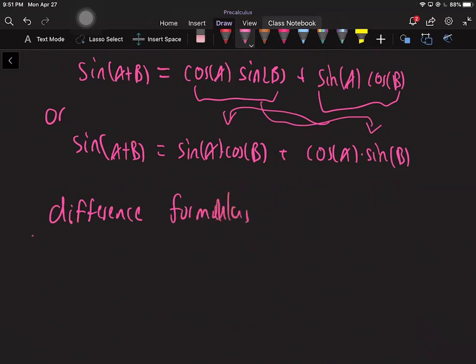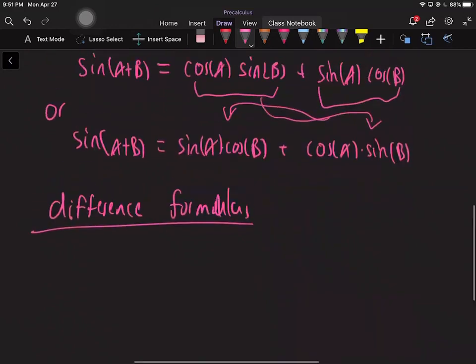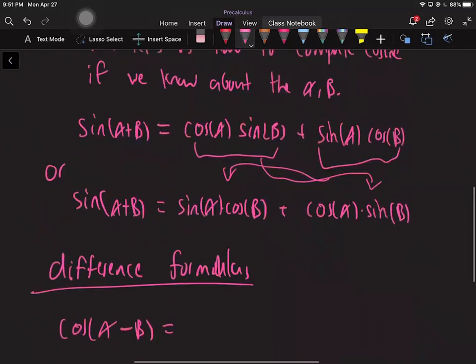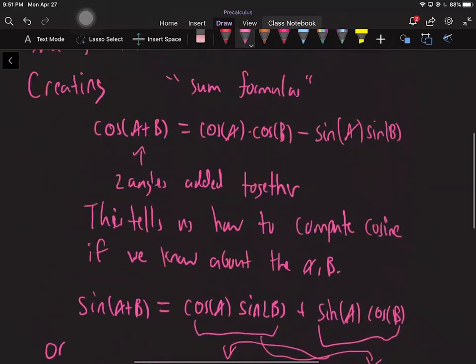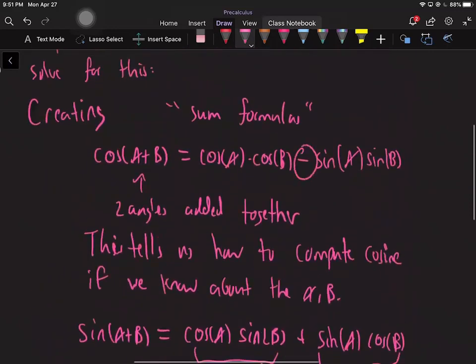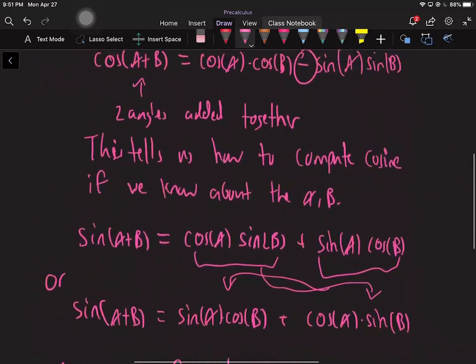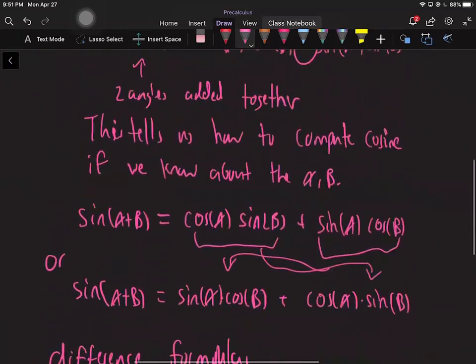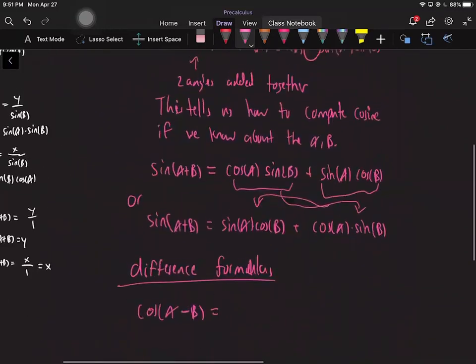So these are the difference formulas or the subtraction formulas or the subtraction identities or difference identities, however you want to say it. And all you do is you change the plus to a minus, and that'll change the signs in the formula there. So that'll change that minus to a plus. And then other than that, it'll be the same formula.